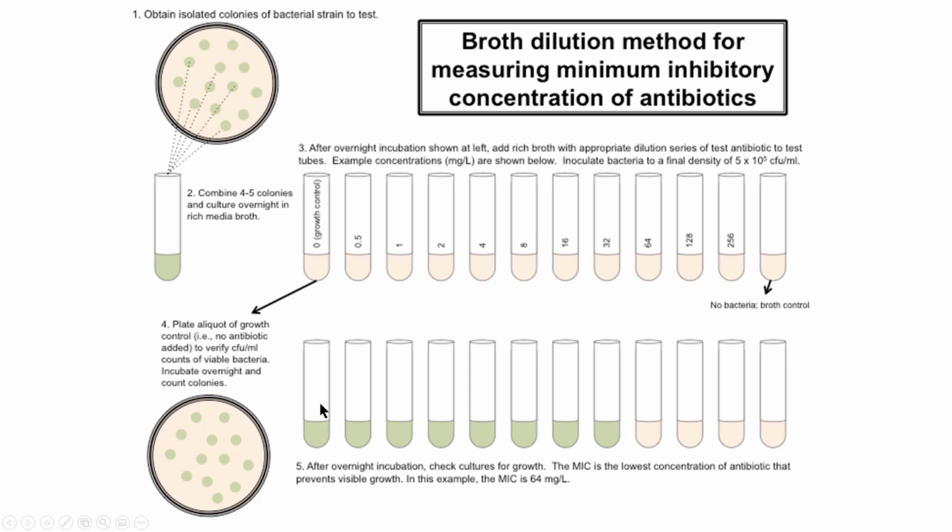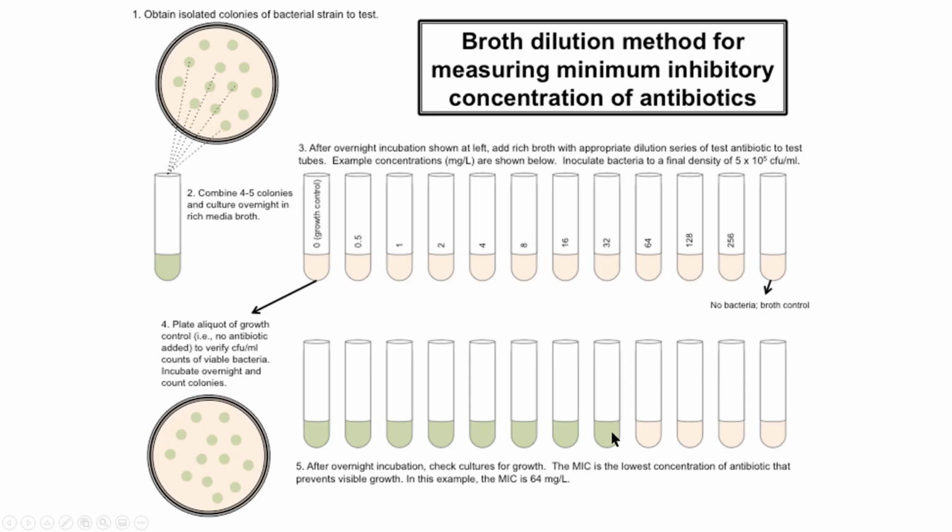And then after the incubation period is over, we can see that the growth becomes visible. So you can see that it has become cloudy, or the color may have changed. And then you can see at what concentration nothing grew. So for example, in this example, you can see that at the concentration of 64 and above, nothing was growing.